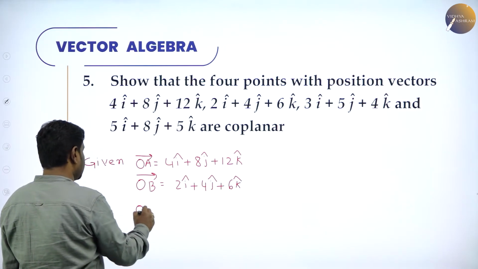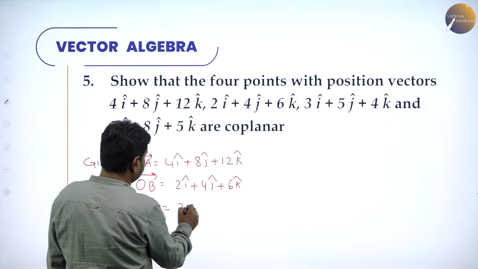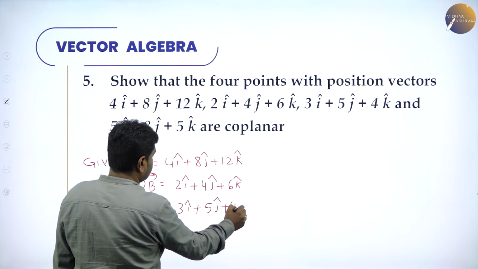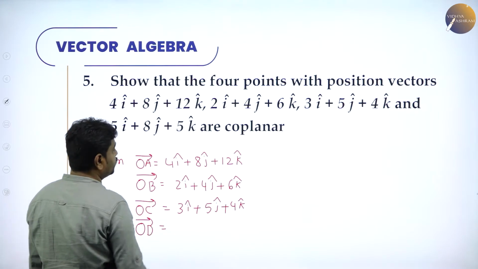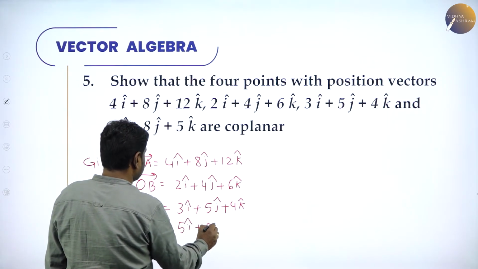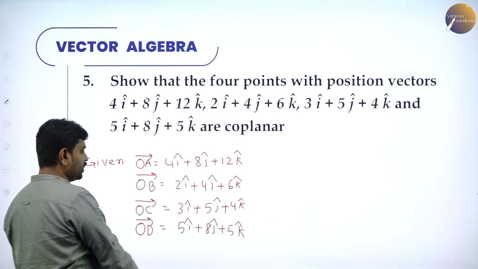OC, position vector of third point, is 3i cap plus 5j cap plus 4k cap. Then they give OD, position vector of D, that is 5i cap plus 8j cap plus 5k cap. So we got OA, OB, OC, OD.